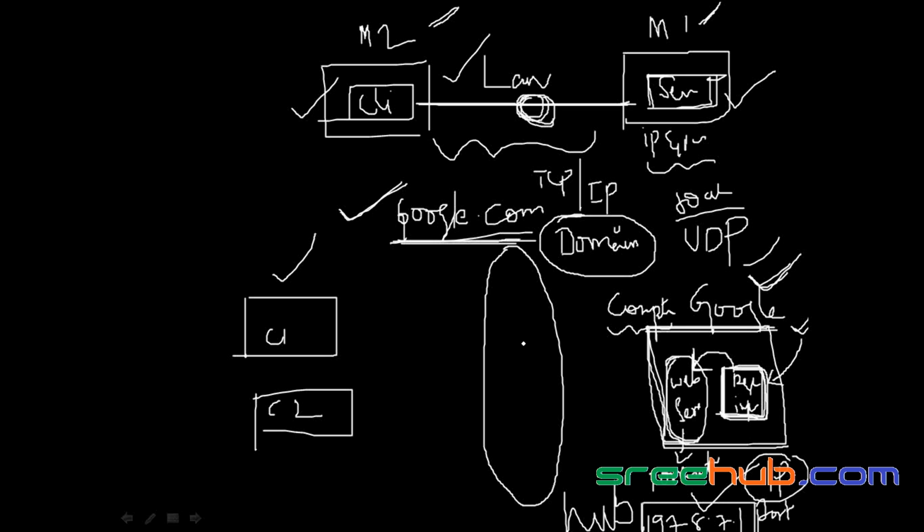And in their repository, they'll just say google.com will always point to this IP, which is Google's IP. This will be in the hub. Now, obviously Google, or anyone who wants to buy this domain, has to pay money, because this registration is not free. You have to pay it to network providers.